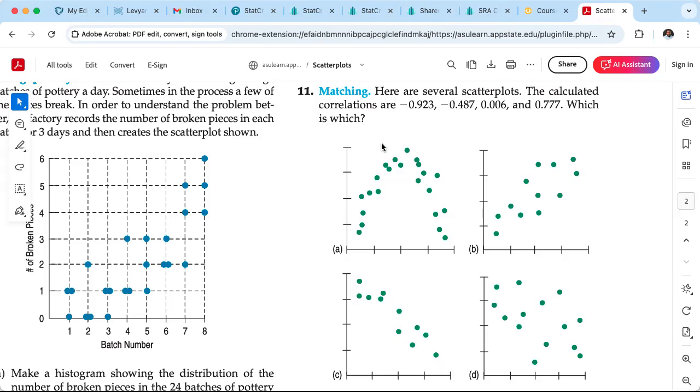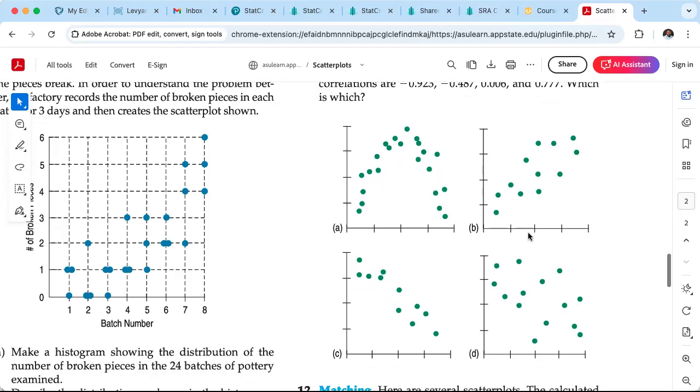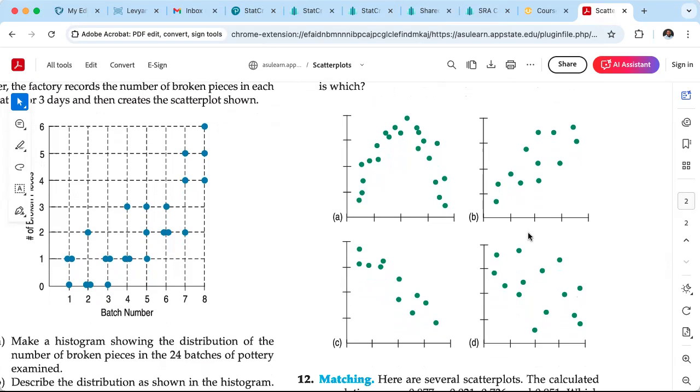Okay, so I see here we have 4 correlations, and we also have 4 graphs, so it means one to each of them. It's like a one-to-one mapping. So this is what I would start with. Tell me, which of these four graphs do you see a positive direction?